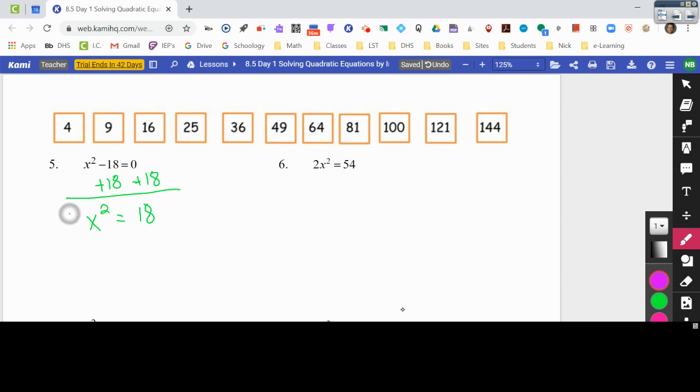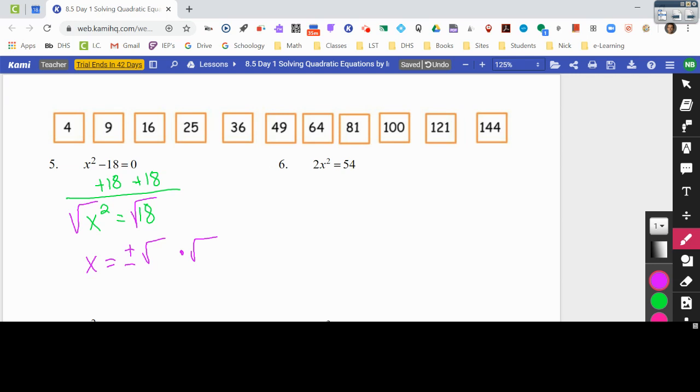So now I'm ready to take the square root of both sides. If I square root an x squared, I just get x equals, and because I take the square root, it's always going to be a plus and minus. And now my square root of 18, I need to break down into two factors, because 18 is not a perfect square, but there is a perfect square factor of 18, and that's going to be 9.